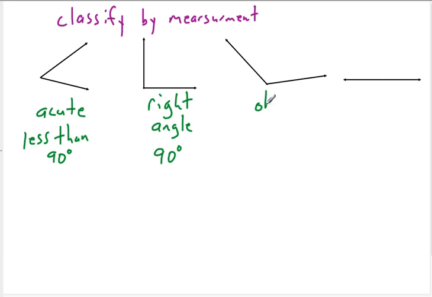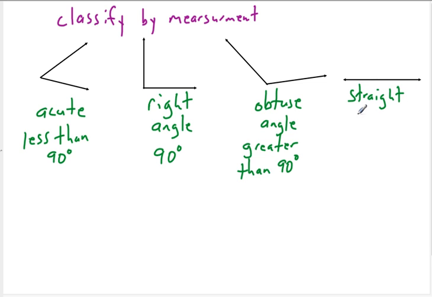This angle is called an obtuse angle, and that means it is greater than 90 degrees. And finally, this is called a straight angle, and that means it measures exactly 180 degrees. If we put a vertex right here, this would be 180 degrees.